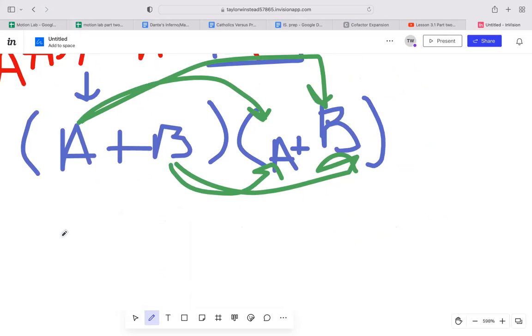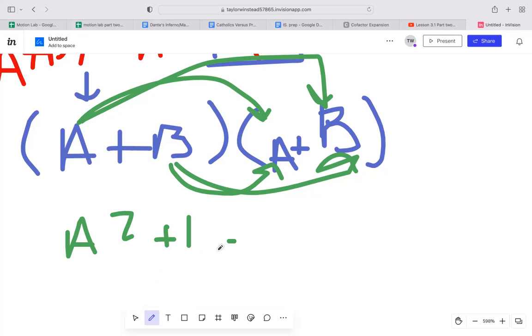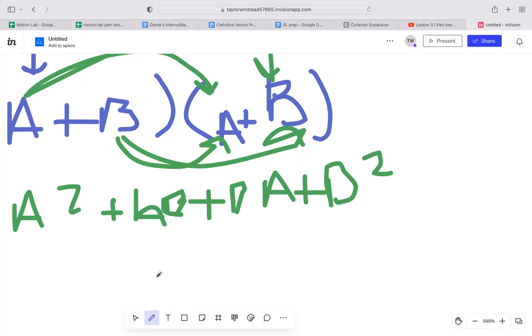So what we would get is A squared plus BA. Sorry, that's not correct. Don't want to make the same mistake that the book did. Plus AB plus BA plus B squared.